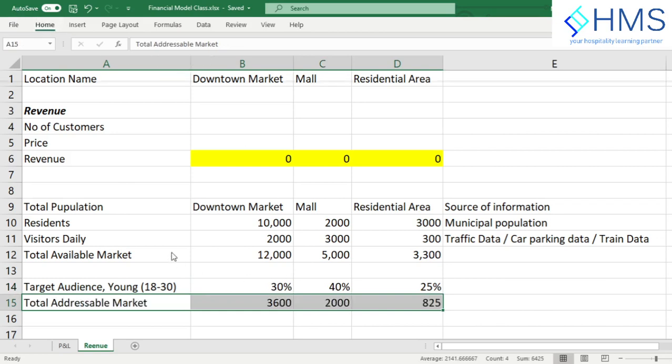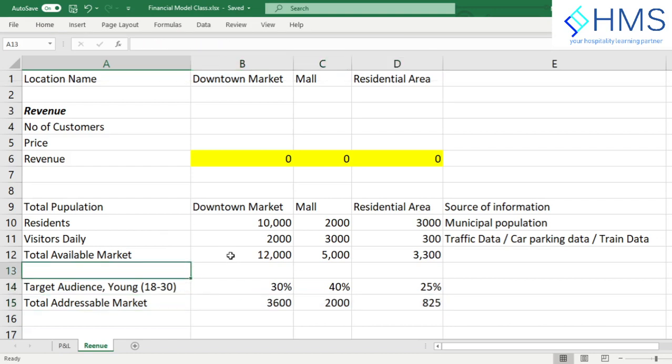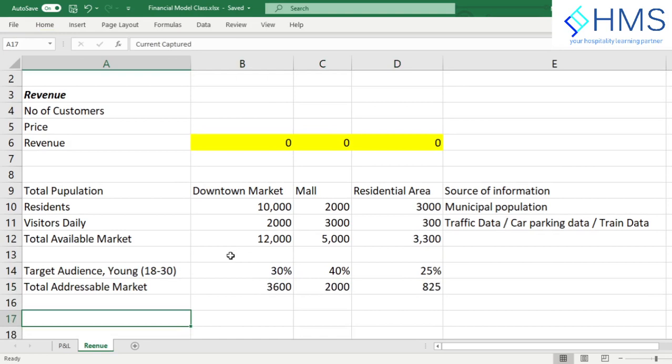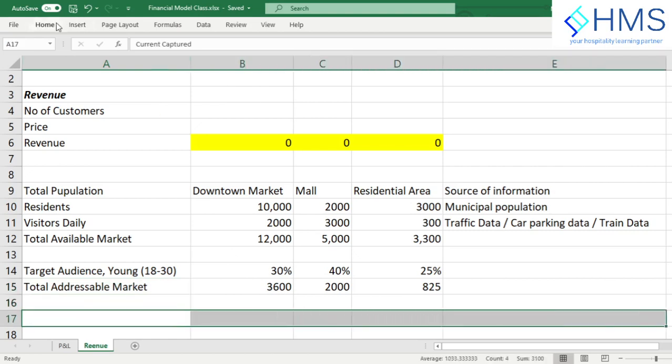So now from the total available market, you are going down to the total addressable market. Then you have to funnel it down from the addressable market to the capturable market. First you can see how much is the current capture.